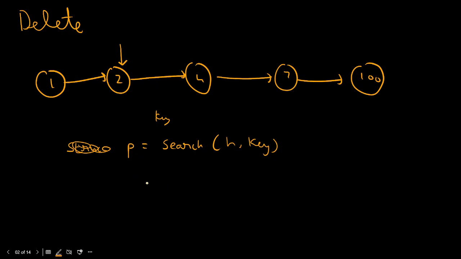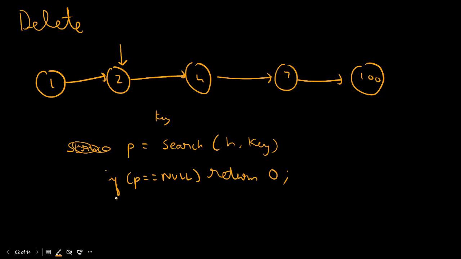In case the key is not found in the list, there is nothing to delete. If it's not there in the list, I can't delete it. That will happen if p is null. It means that the key is not found, since my search returns null if it's not found. If p is equal to null, I'm just going to return 0 because my deletion has failed, as I haven't found the key.